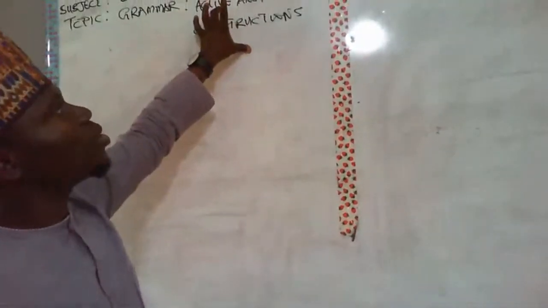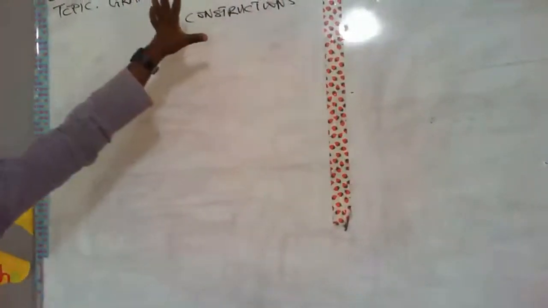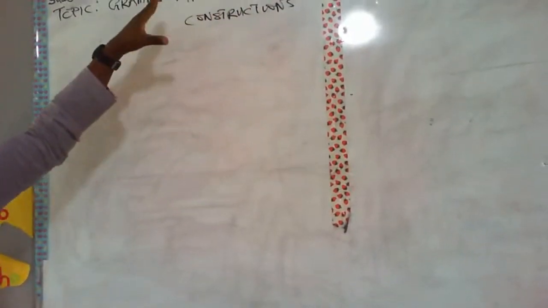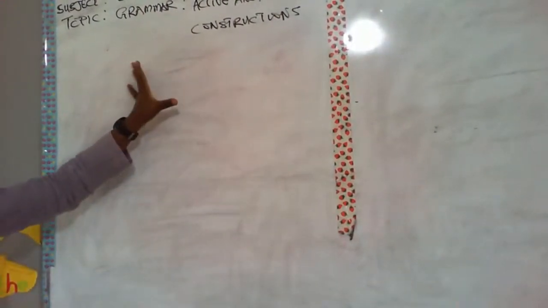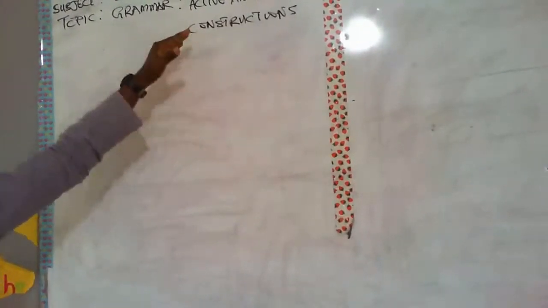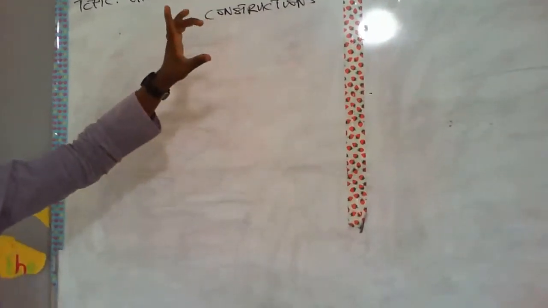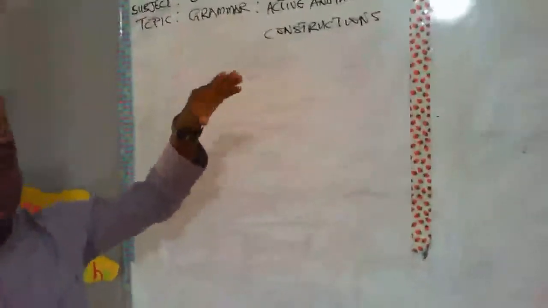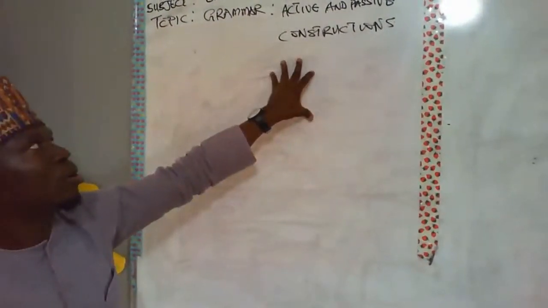I'm going to give you the definition once again for the benefit of some of us that might have forgotten, before we move on to how to change active voice to passive voice whenever we are speaking or writing something.